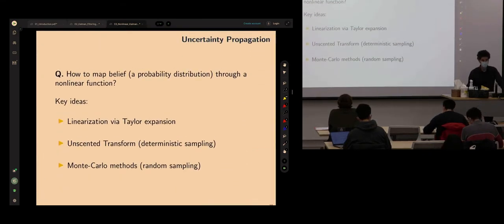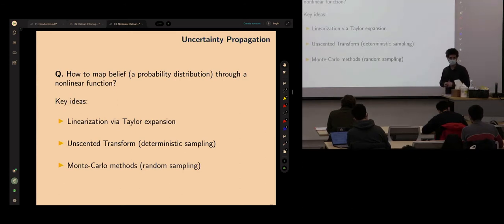The third idea, which is known under the Monte Carlo methods, is based on random sampling. Using computers, now we can generate pseudo-random numbers. So you can generate many random numbers or samples in the domain of the function, and then send them through the function to the range, the output, and then you have a lot of samples in the range.